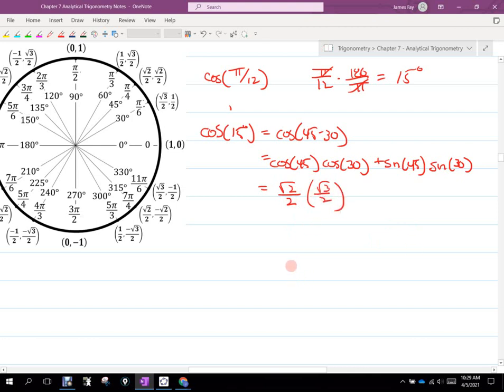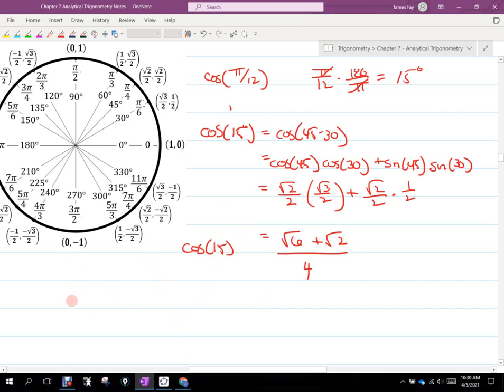Radical 3 over 2. Plus sine of 45, radical 2 over 2. Sine of 30, 1/2. So we get radical 6 plus radical 2 all over 4. That's the cosine of 15. Is that okay with everybody?